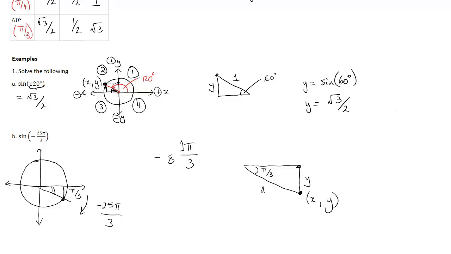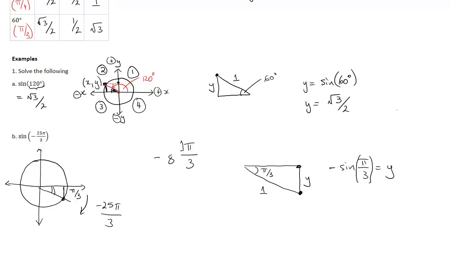I already know that the radius here is 1, so we're finding opposite, and so sine of pi on 3 equals y. That shouldn't be a surprise, because whatever angle you get, you just substitute it into the sine function.